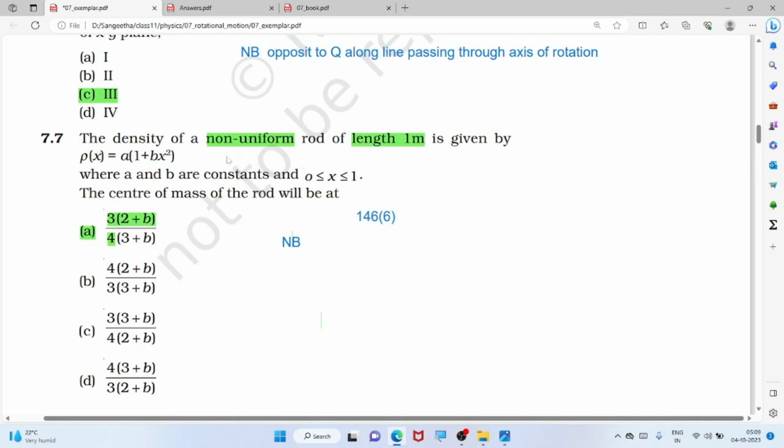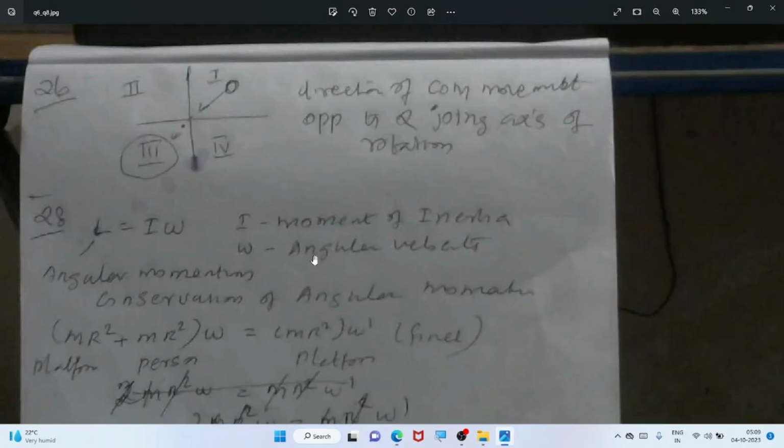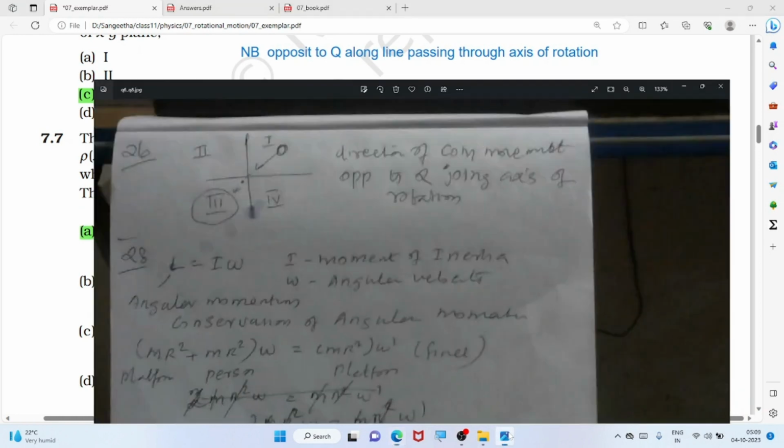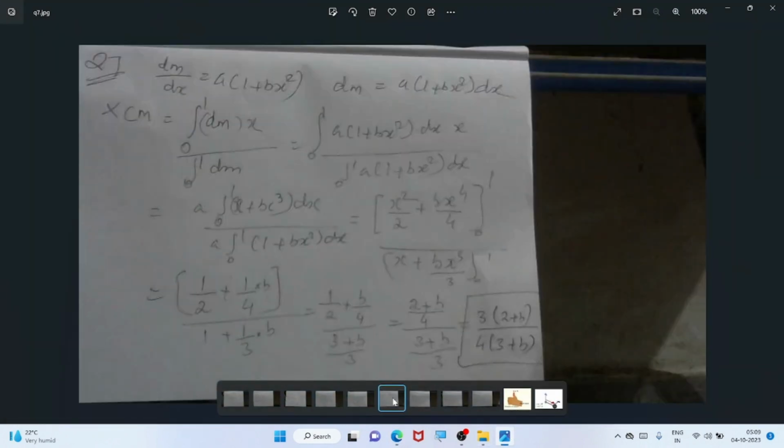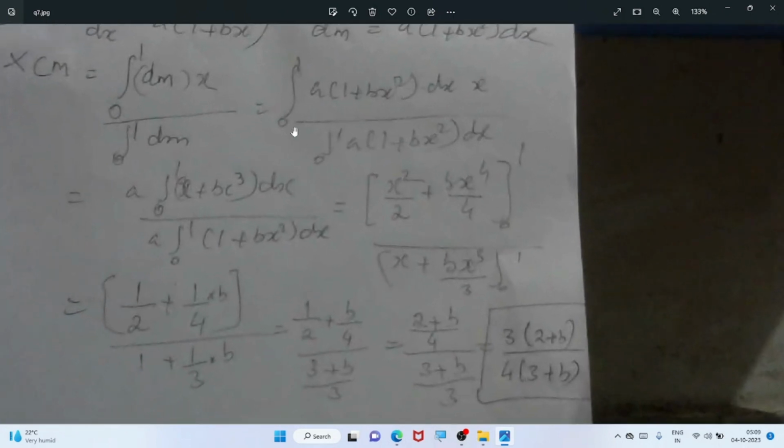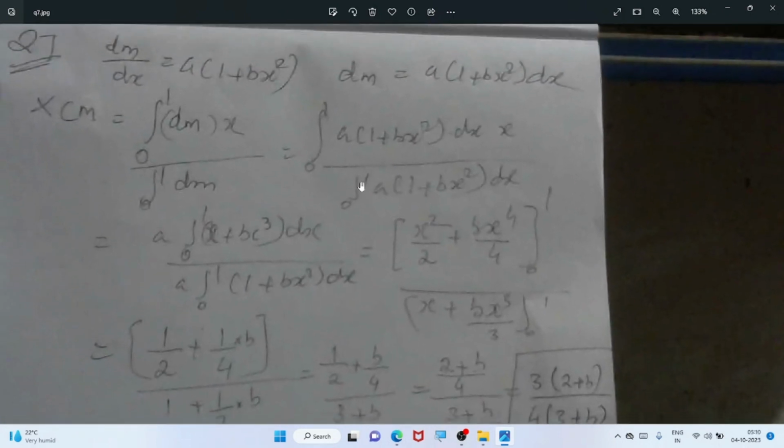The density of the non-uniform rod, the density function, is given. The length is given, where a and b are constants. We have to find the center of mass. So this is the density function.